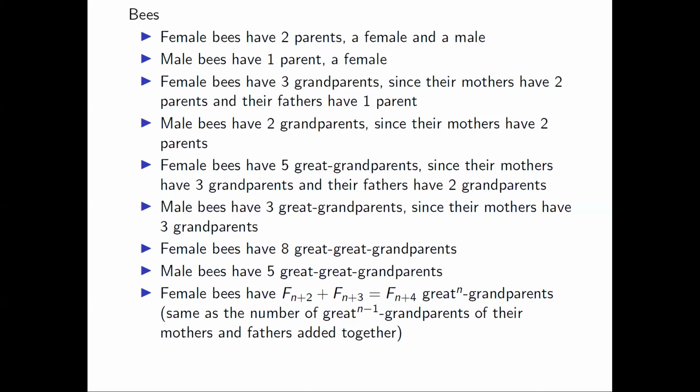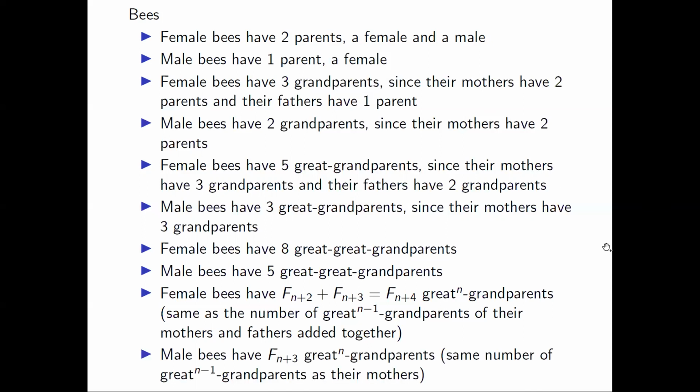How do we get that? Well, f of n plus 4 is equal to f of n plus 2 plus f of n plus 3, where f of n plus 2 is the number of great to the n minus 1 grandparents of their father, and f of n plus 3 is the number of great to the n minus 1 grandparents of their mother.